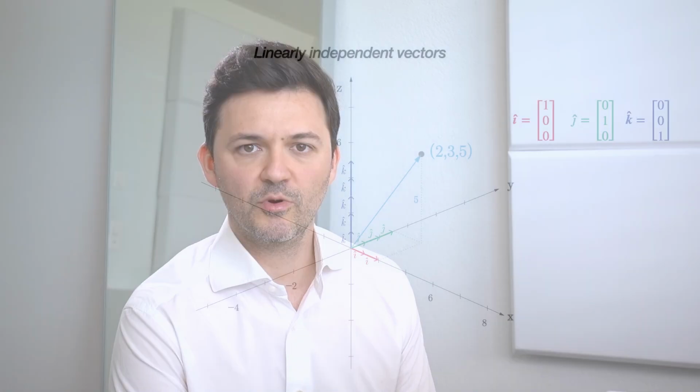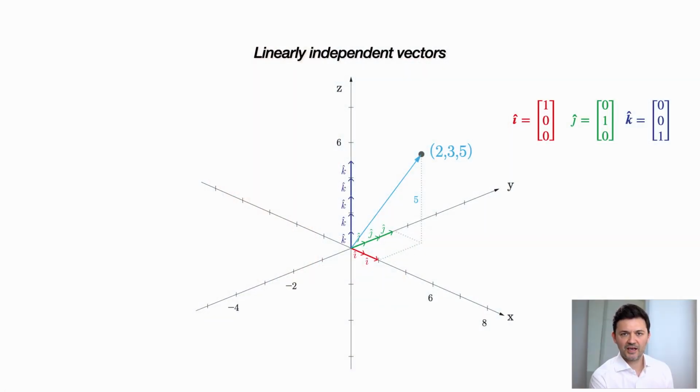Why is this possible? Well, this is possible, for example, in 3 dimensions because neither of these vectors themselves can be described as a combination of the other two. So I cannot use i hat and j hat to represent the k hat, or I cannot use j hat and k hat to represent i hat. Simply, they point in different directions, and whatever I do by using 2, I cannot reproduce the third.